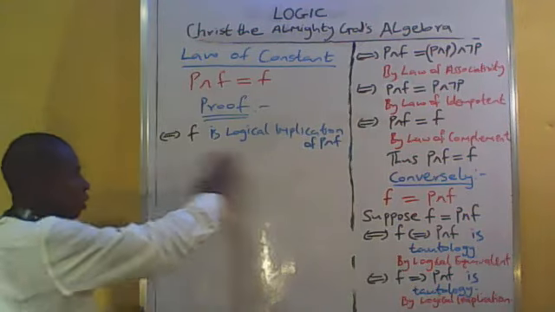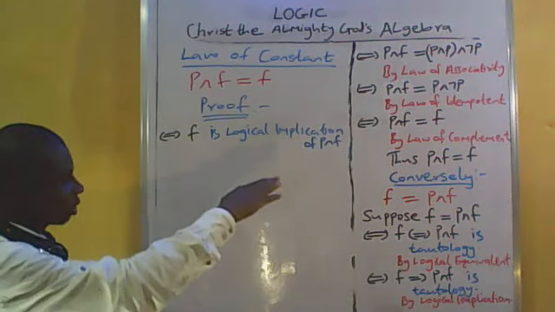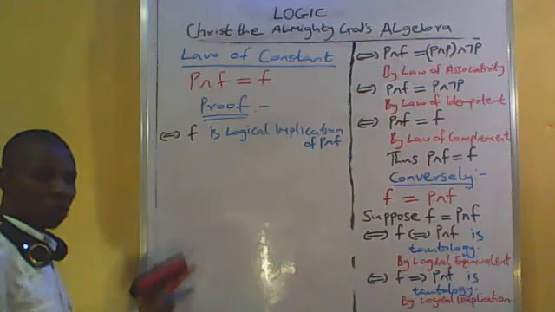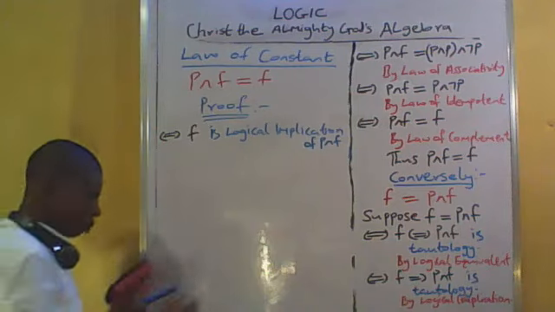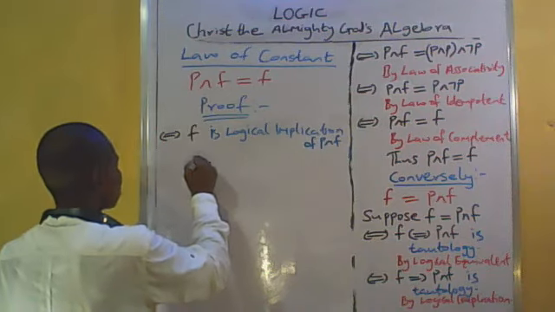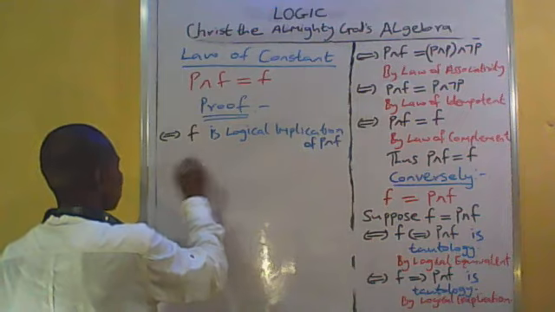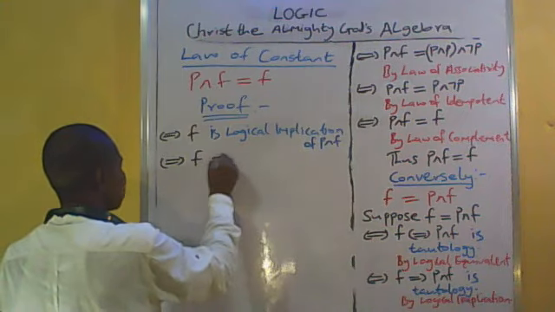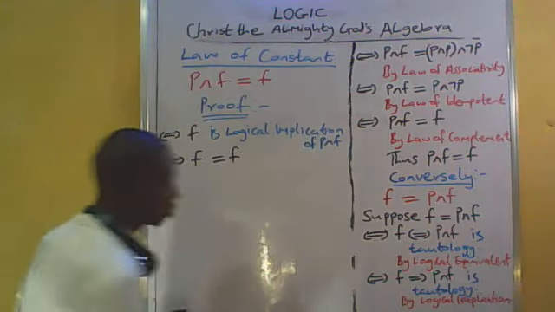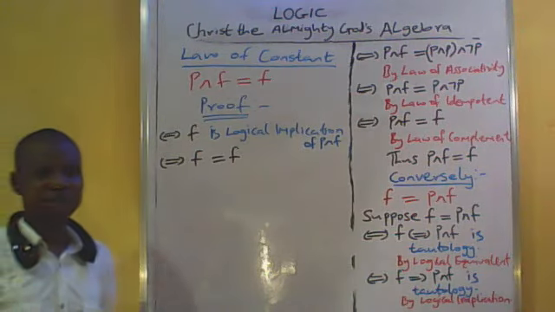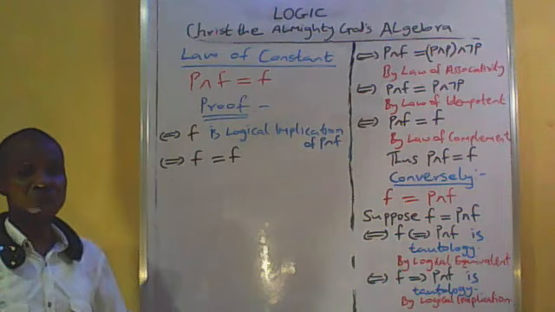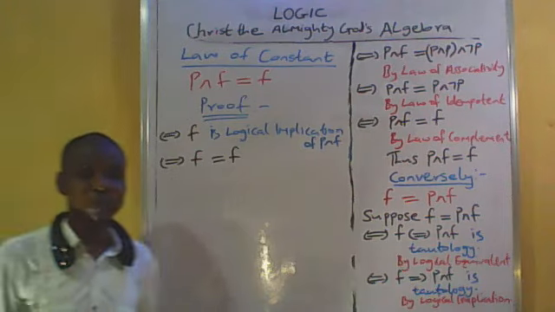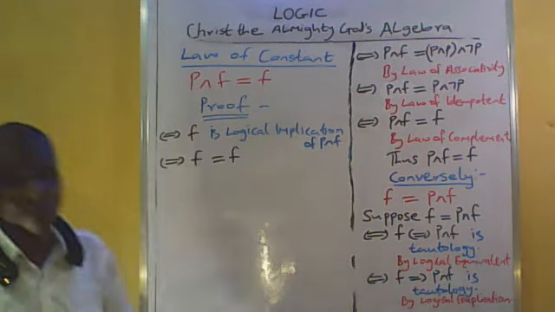Since f is a logical implication of p and f is true, this also must be true. That is, if and only if f is equal to f. That means f is equal to f is a logical equivalence.